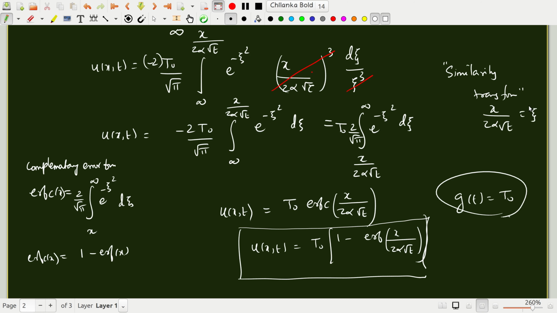That's a different method, because that method relies on a particular physical idea, whereas here even if you were not aware of that method, we were able to solve this unsteady diffusion equation or conduction equation using the method of Laplace transform.